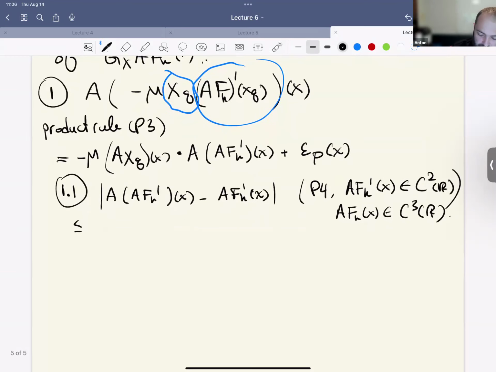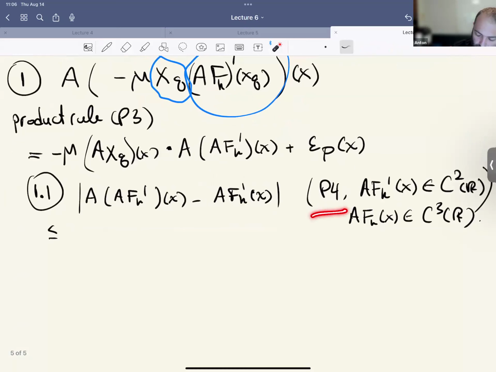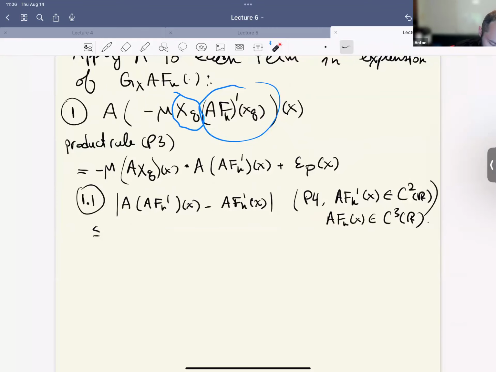So we're going to use property number 4, where s minus 1 equals 2, so property number 4 with s equals 3. And if you do this, believe me, you will get some constant times delta squared times the norm of A f sub h triple prime of x. Okay?